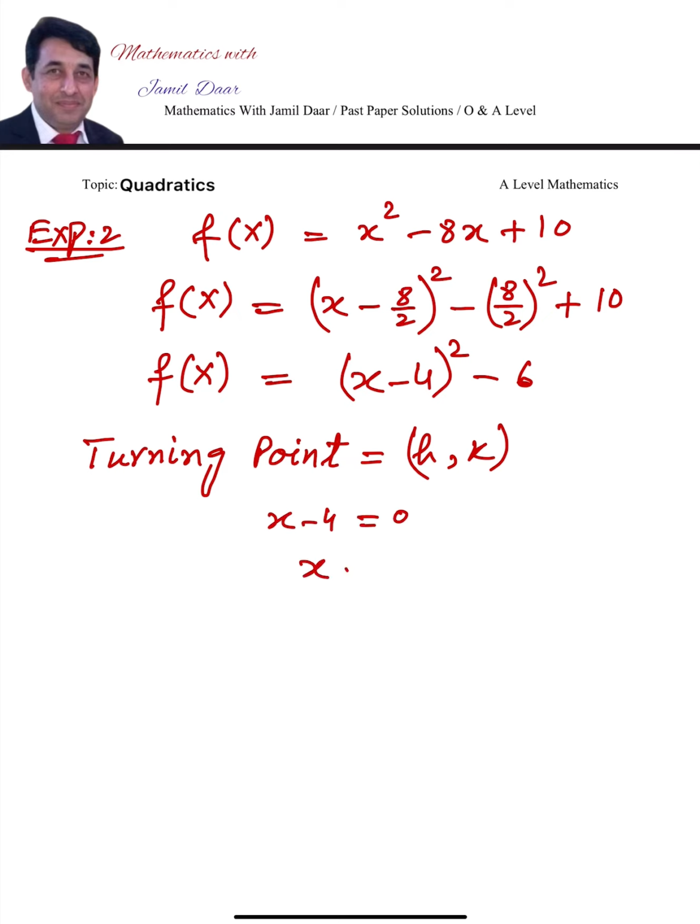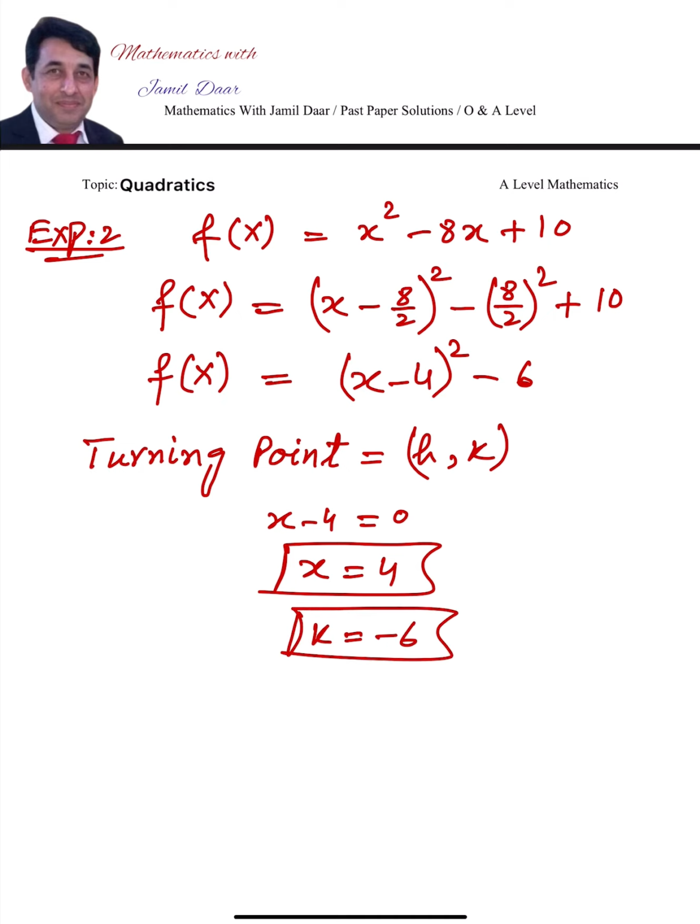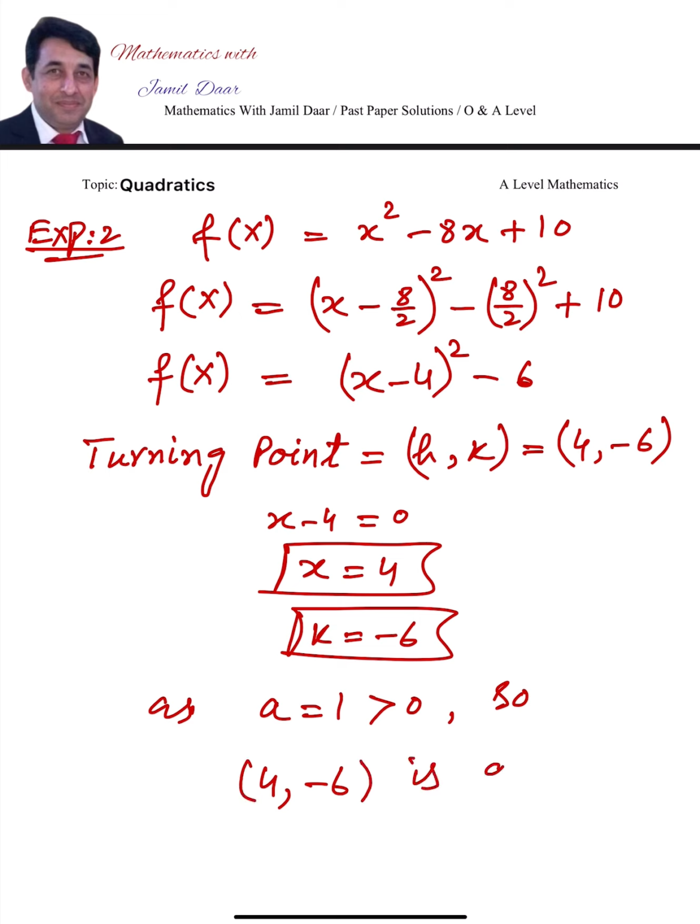So this is the x coordinate, and k is minus 6. So the turning point will become (4, −6). As a is equal to 1, which is positive, (4, −6) is a minimum point.